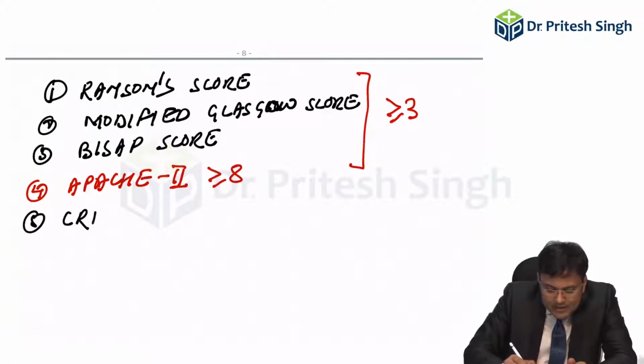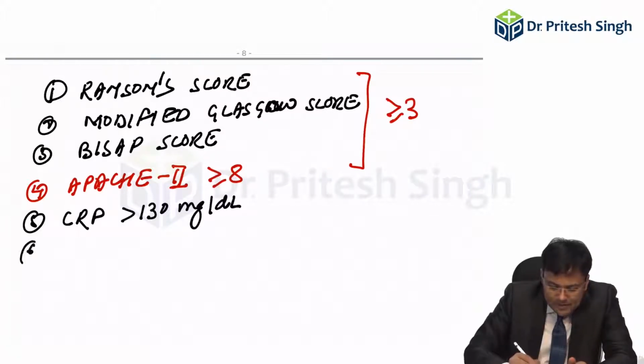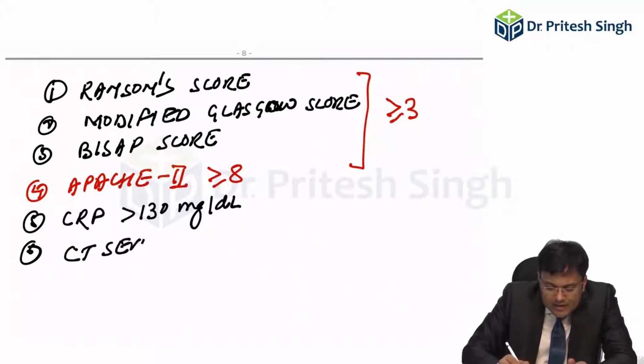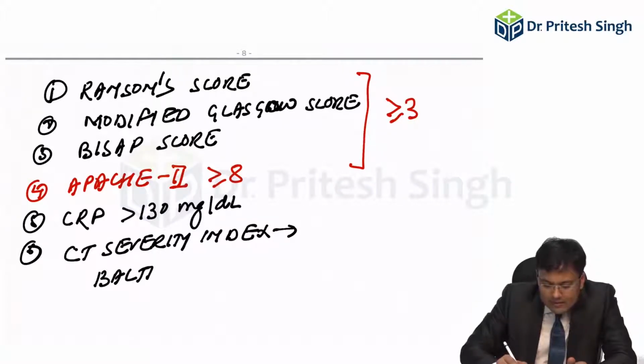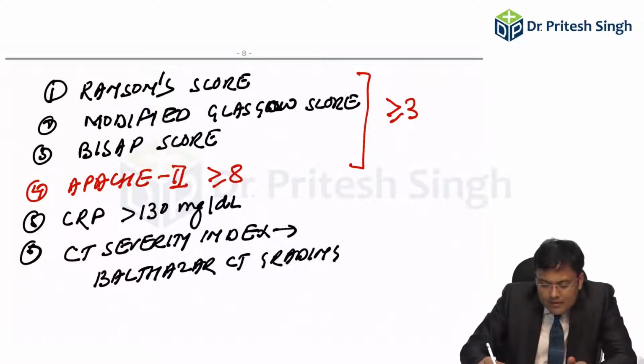After that, C-reactive protein more than 130 milligram per deciliter. Sixth, CT severity index. This CT severity index is combination of Balthazar CT grading plus necrosis score.